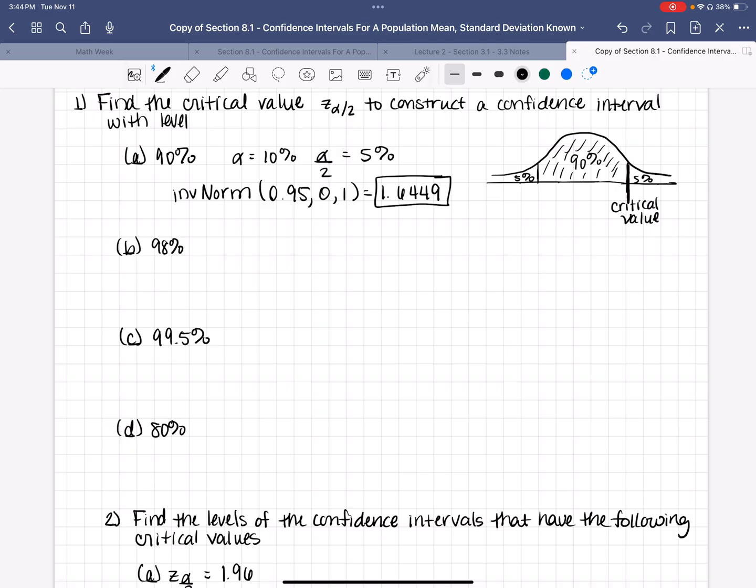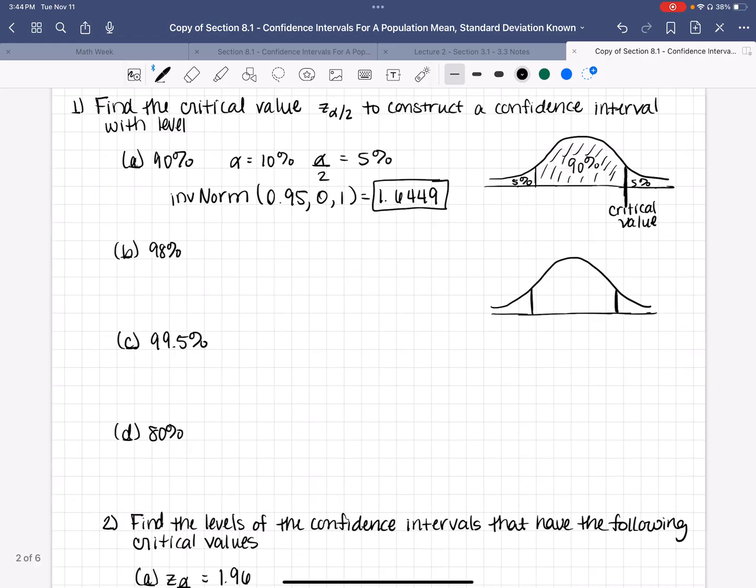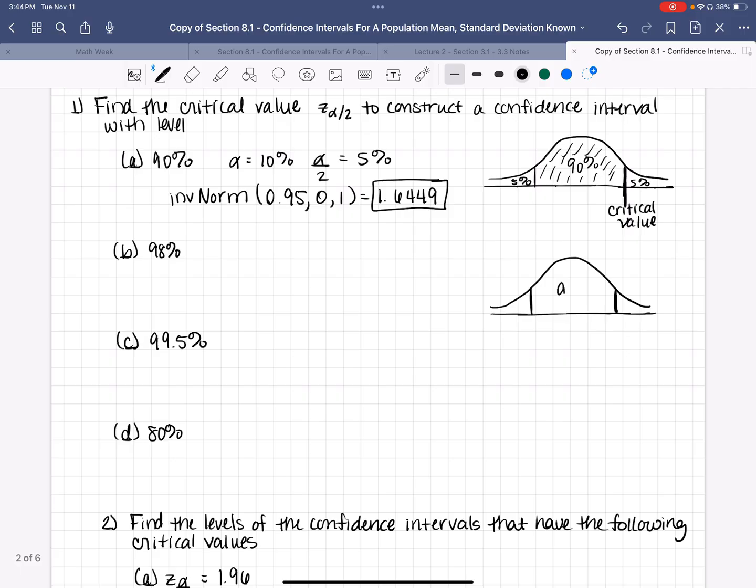On B, we have 98%. Let's look at what it's talking about. So my confidence interval here is 98%. Well, that means my alpha is, there's 2% left, guys.